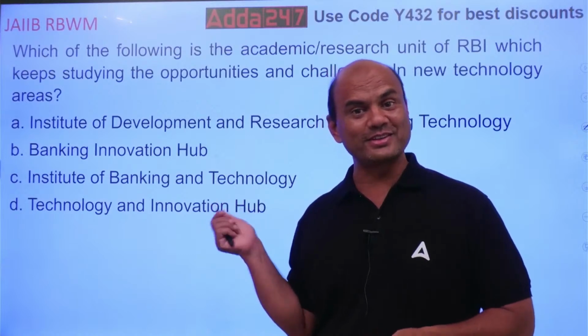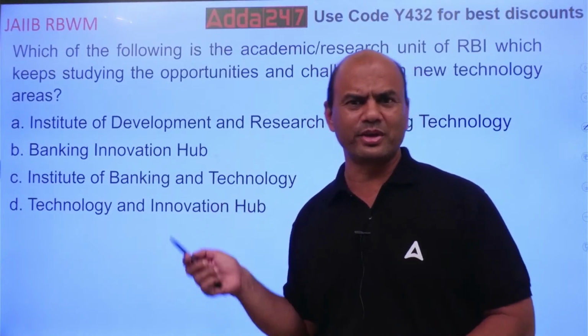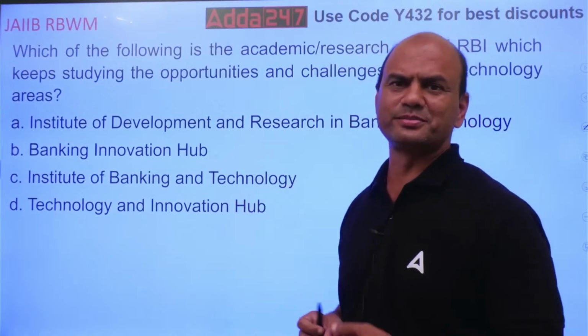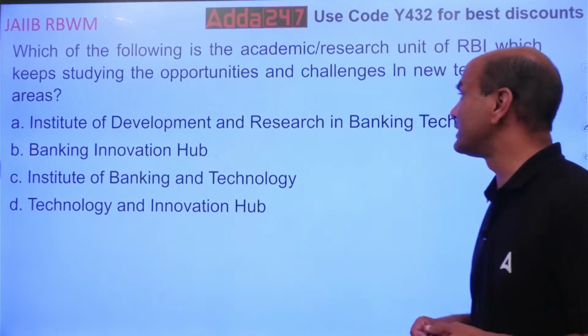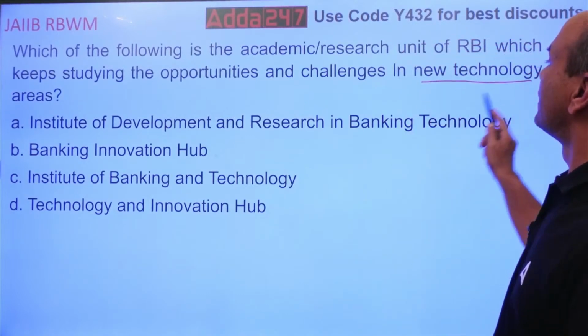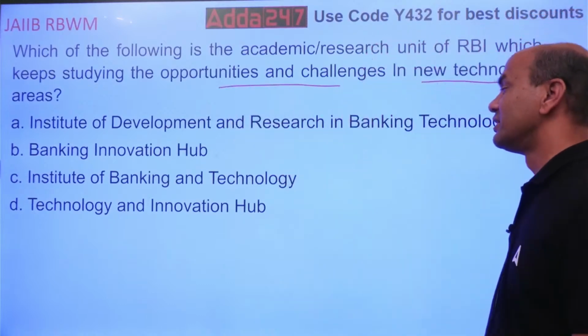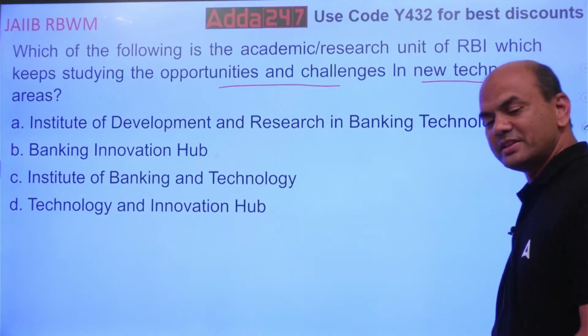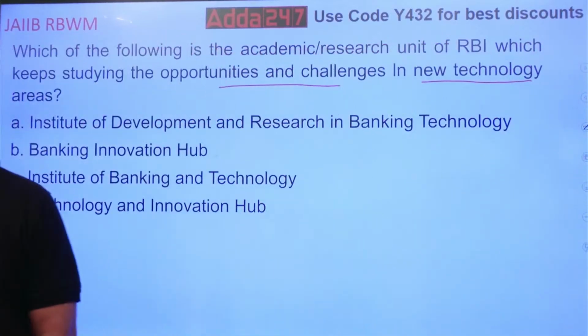This you have in your subject. I myself take RBWM, so I generally take this topic also. So now the question over here is, which one is looking after new technology areas, opportunities and challenges in new technology? Let me see the answer from your side. How many of you give me the correct answer?